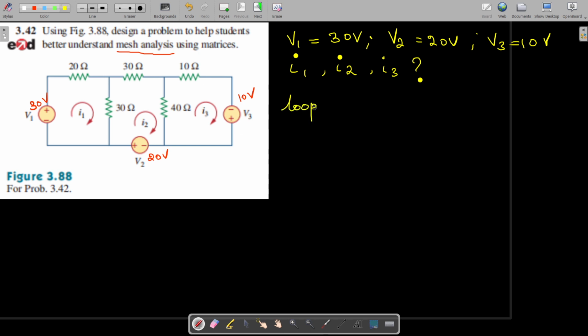So for loop 1, we apply KVL, Kirchhoff's voltage law. It states that in a closed loop, the summation of the voltage sources and the voltage drops is equal to 0. If you consider this loop 1, we start from here and move like this. So we can write the equation as minus 30 volts and then plus.